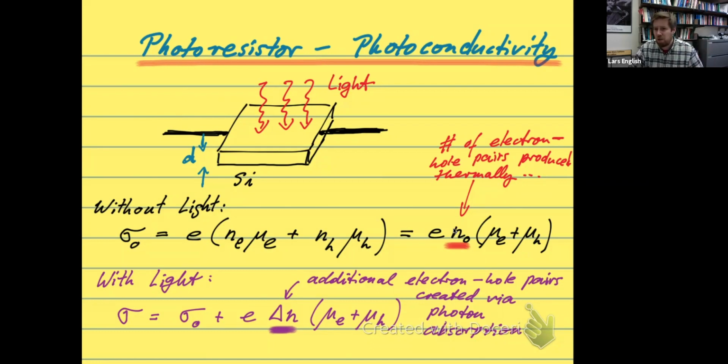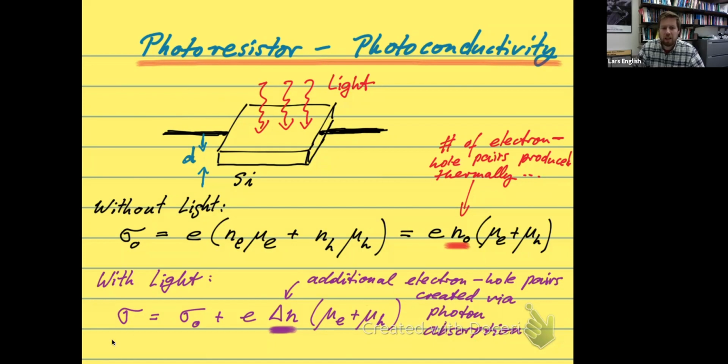Now, at room temperature even, that's not very likely, but since we have so many valence electrons, there are going to be some conduction electrons, even though the probability is pretty low. So this N naught here refers to the thermally excited electron-hole pairs. But then on top of it, when we shine the light on this silicon crystal, we get additional pairs from the absorption of the photons.